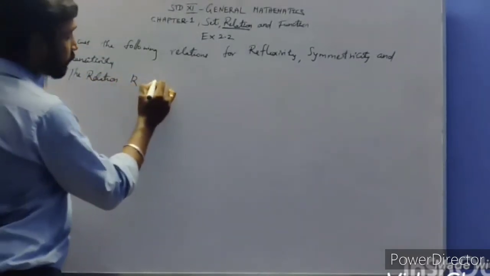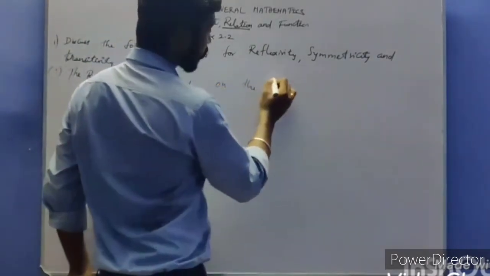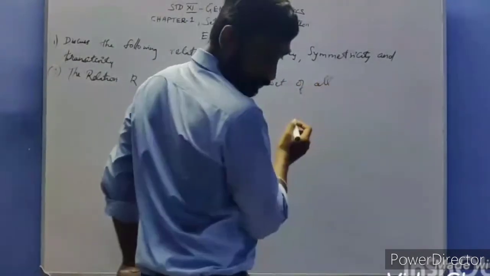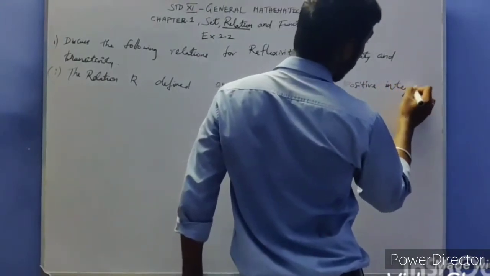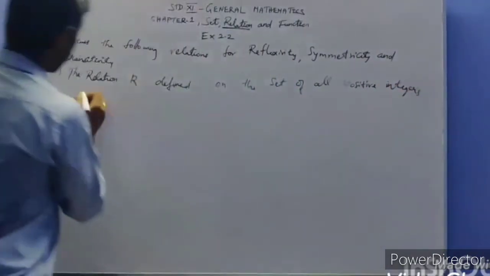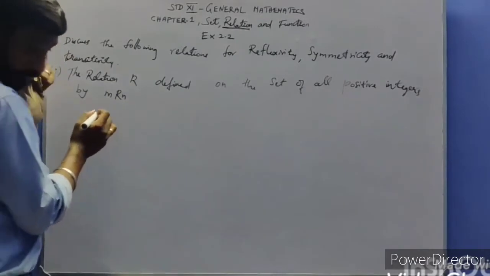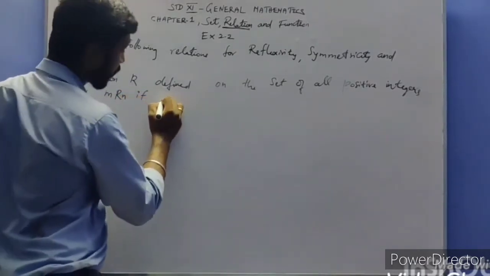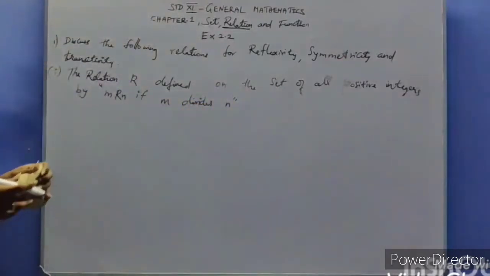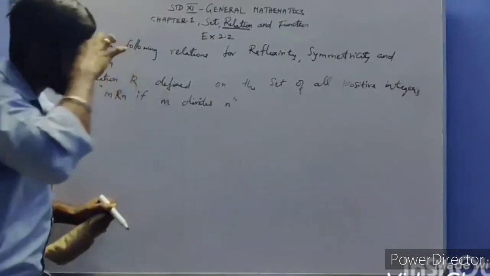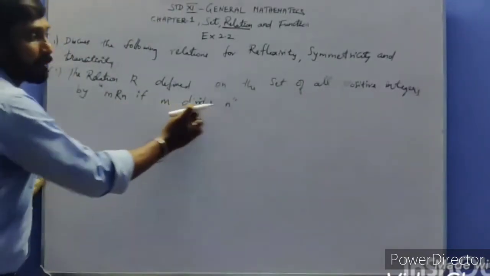The relation R defined on the set of all positive integers by m related to n if m divides n.